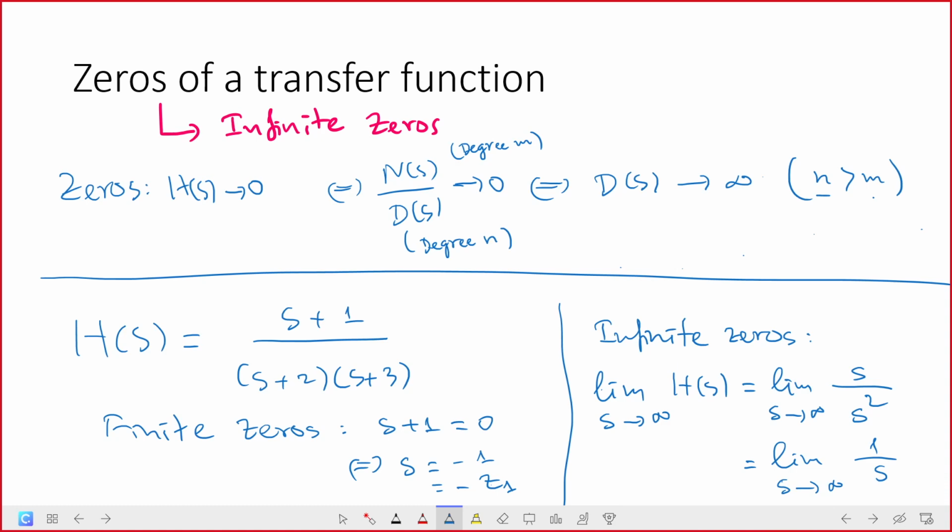So here we can see that finally the degree of the denominator is 1. After we cancel, the numerator and denominator still leave a degree 1 denominator, which means 1 infinite zero. There is only 1 infinite zero.